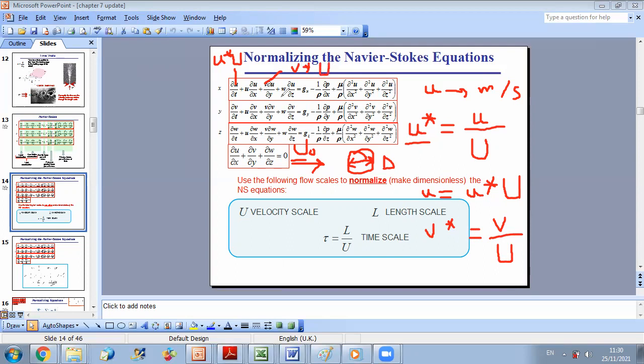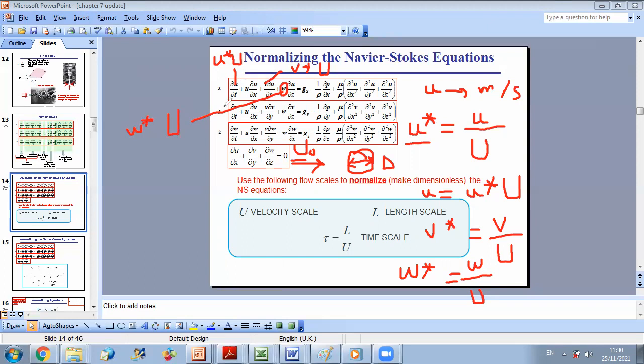And similarly for omega, I can define omega star equals omega over U. So I can replace in my Navier-Stokes relation omega by omega star times U. Okay? So now I am done with scaling velocities.